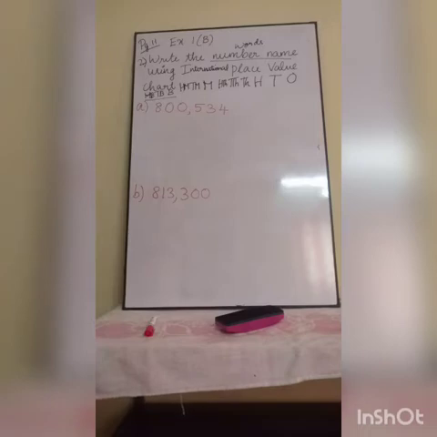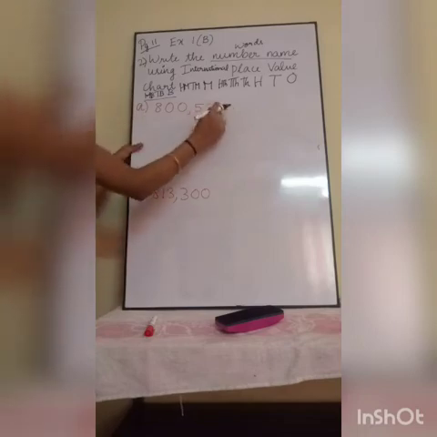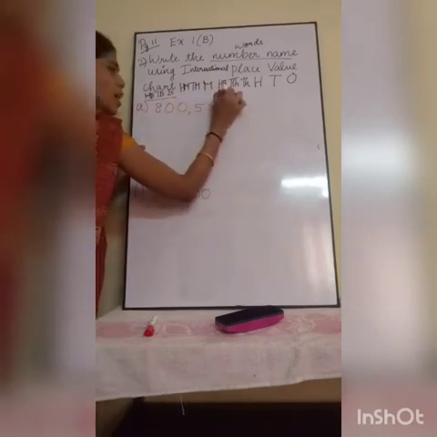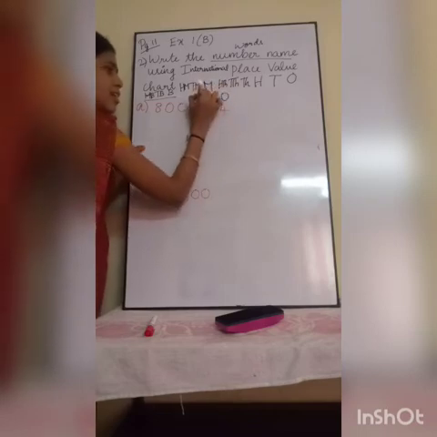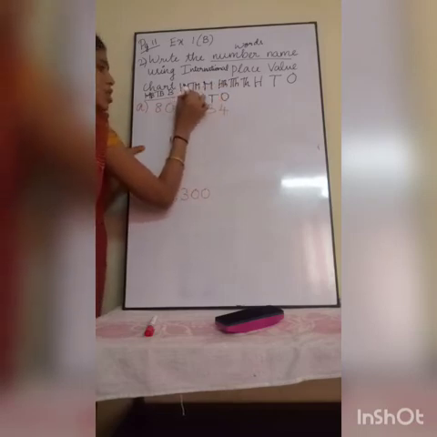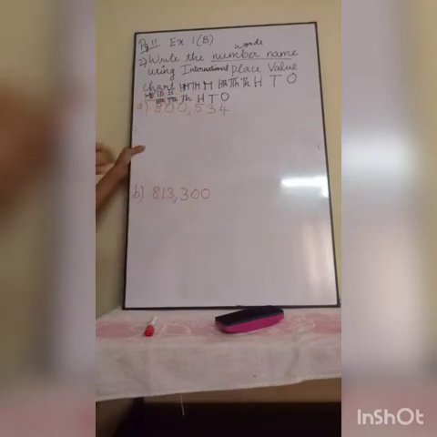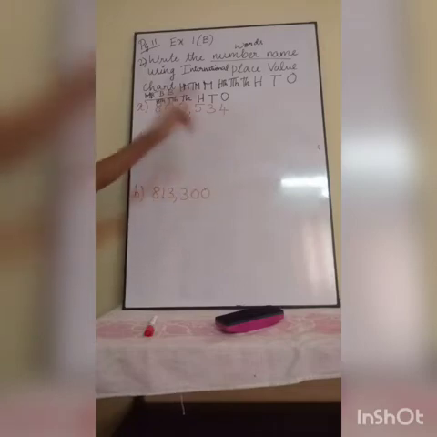What we did in the Indian system, before writing the number name, is write the place value for this number. So how will you write? Ones, tens, hundreds, 1,000, 10,000, 100,000. After this, you write the numbers in words.